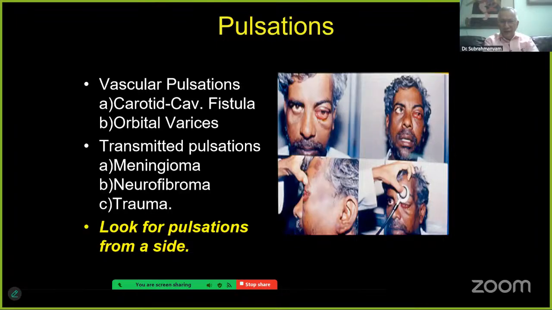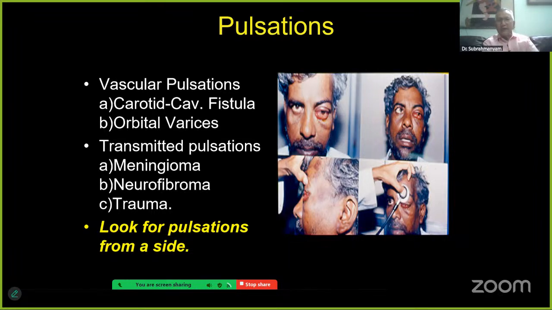Pulsations: you have to look from the side, not straight. The pulsations could be vascular pulsations or transmitted pulsations. Vascular pulsations mean the vessels are pulsating, commonly in carotid cavernous fistula or orbital varices.